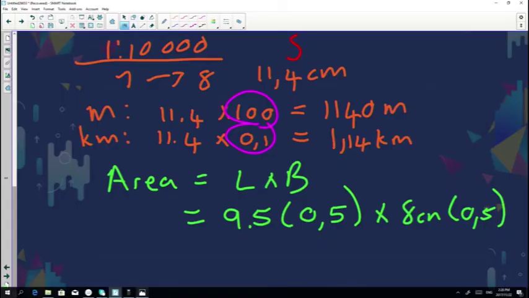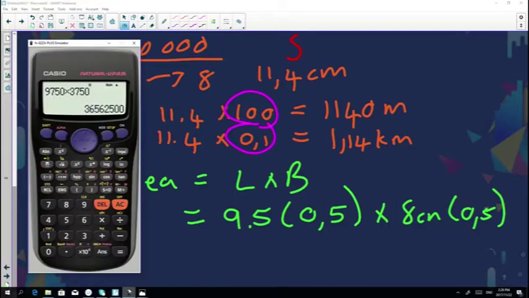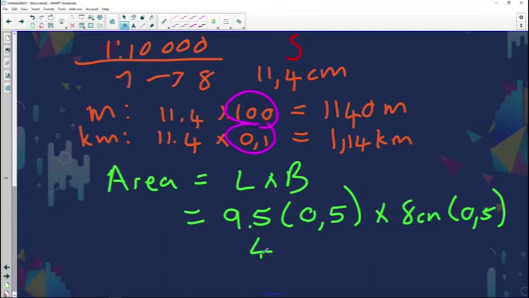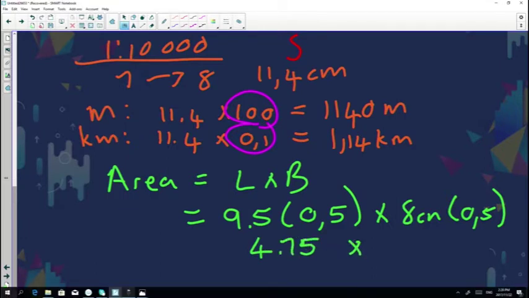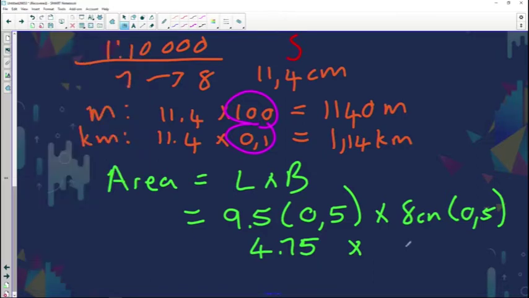And then we go back to our calculator. First of all, you calculate first your length, and then your breadth, and then you're going to calculate both of them with one another. So 9.5 times 0.5 equals 4.75. And then if we quickly look at how wide it is, 8 centimeters times 0.5, that gives me 4.